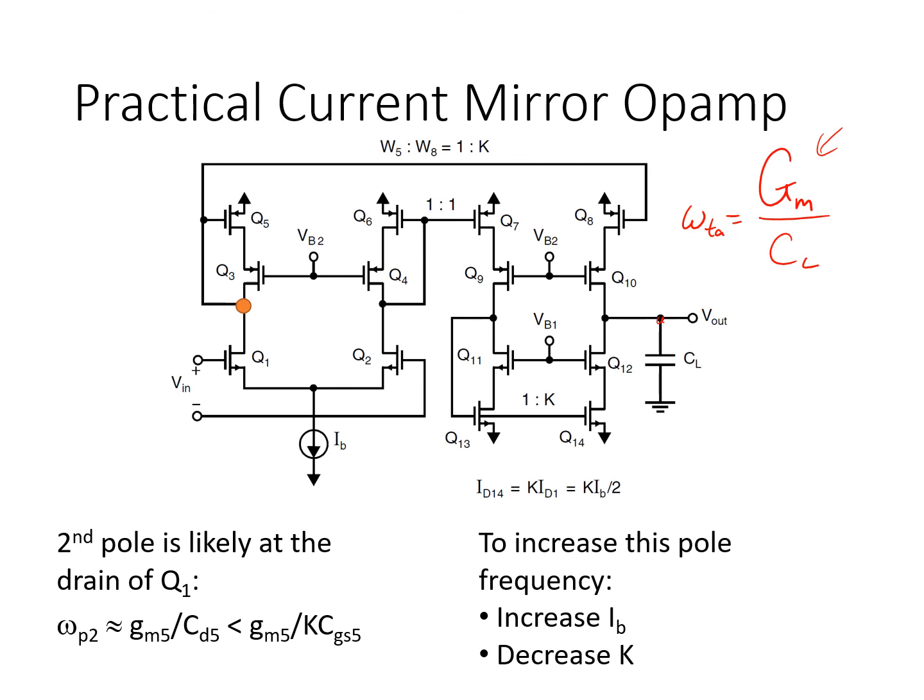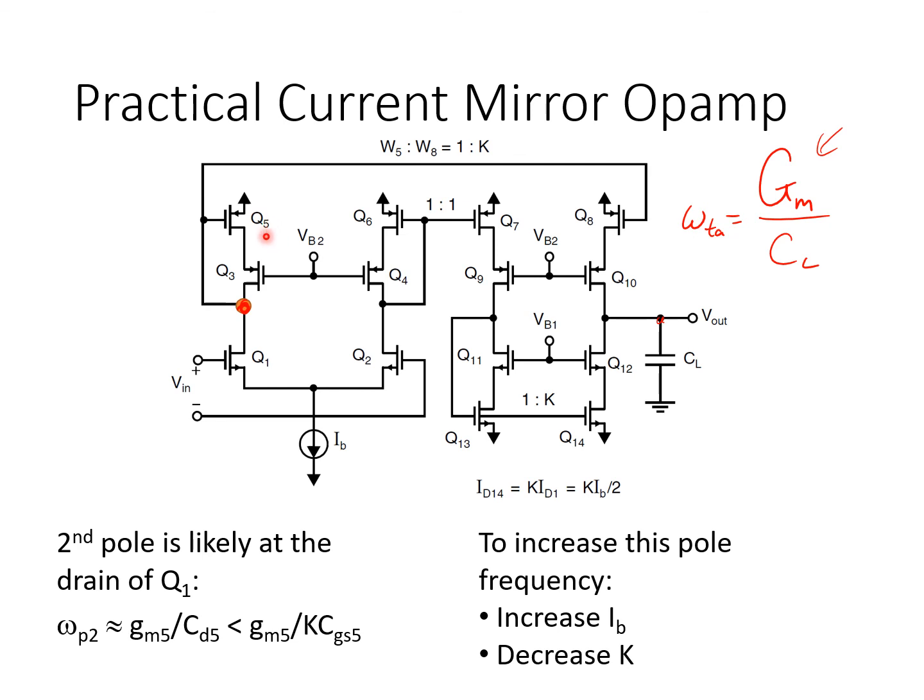Looking at this more detailed schematic, it's evident that the second pole is likely arising at this node here, identified by the red dot. The reason being the small signal resistance at this node is approximately 1 over GM5 due to the diode connection around this Cascode current mirror.